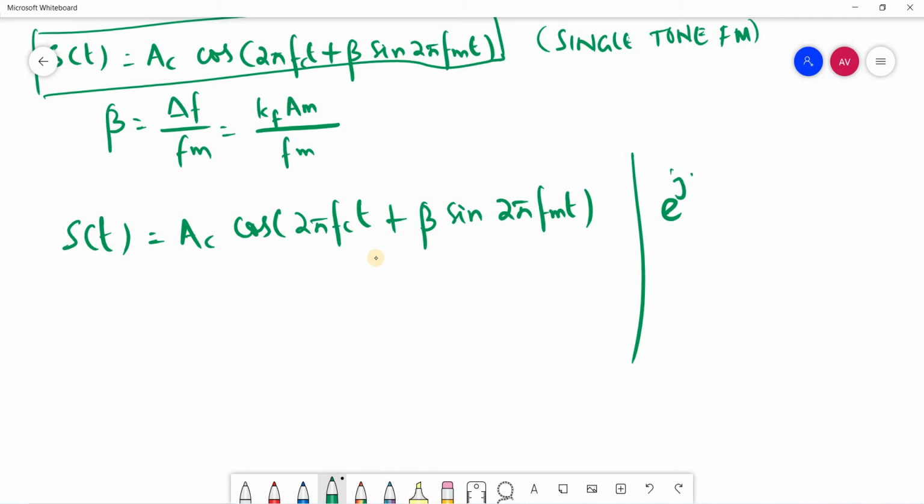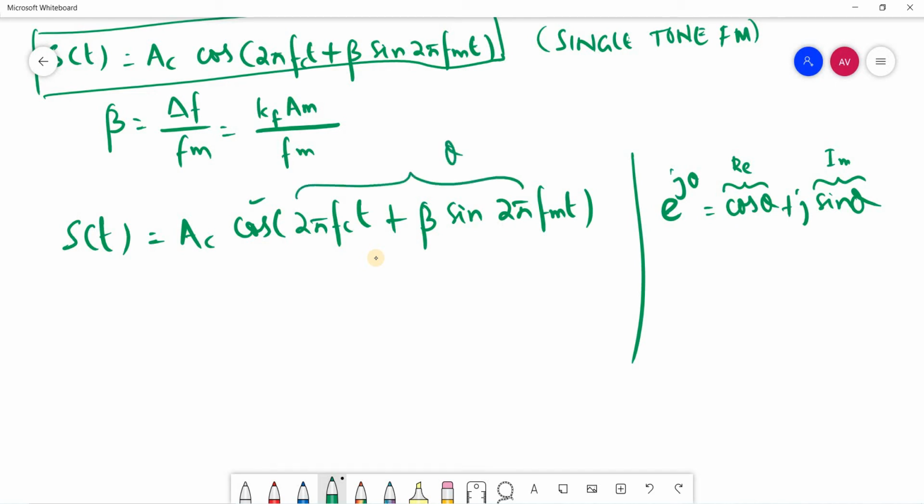By Euler's equation, e power j theta can be written as cos theta plus j sin theta. From this, cos theta can be written as the real part of e power j theta, and sin theta as the imaginary part of e power j theta. Here we have cosine of something, so consider this entire thing as theta.